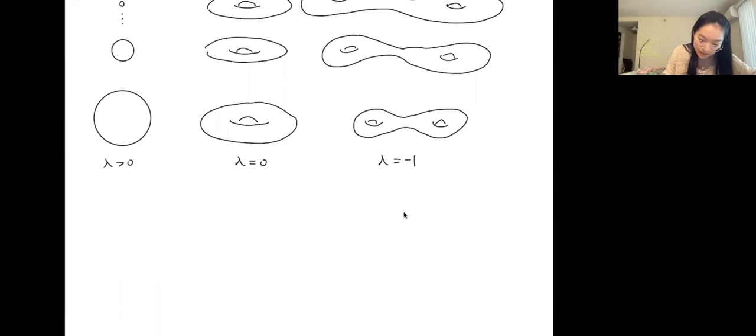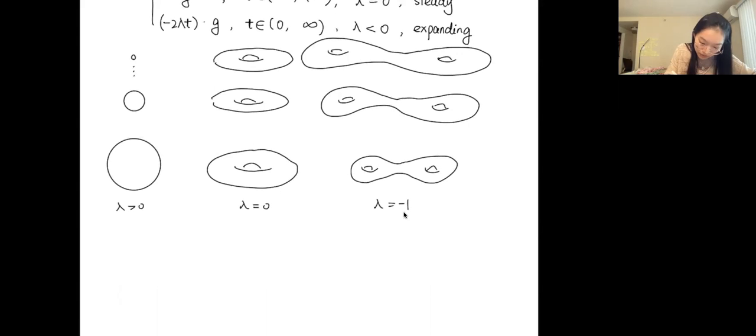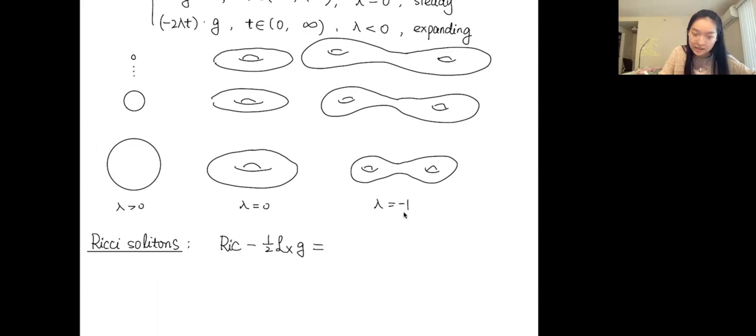And this notion of self-similar Ricci flow can be generalized to Ricci solitons. Okay, so Ricci solitons are a generalization of Einstein manifolds because they satisfy the following equation. So Ricci minus 1/2 the Lie derivative of the metric along X equals lambda times the metric. Lambda is a real number, and X is a smooth vector field.